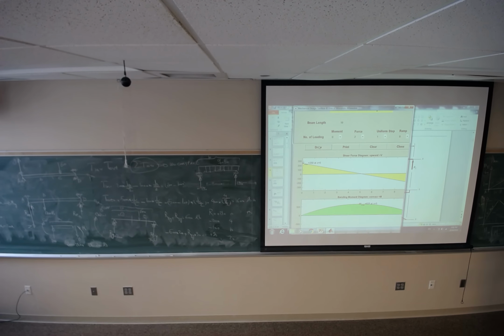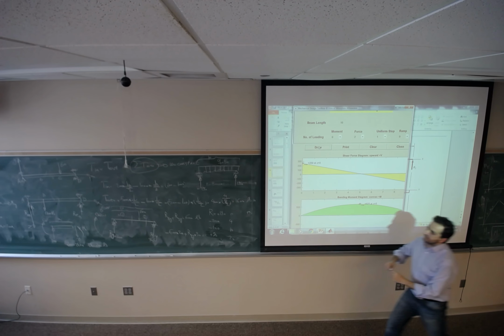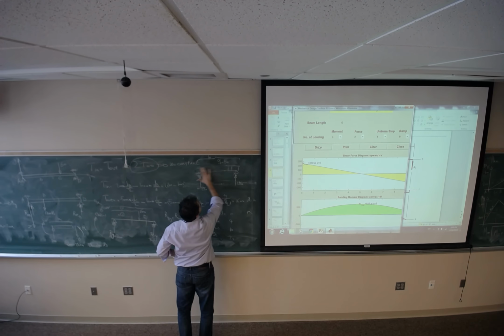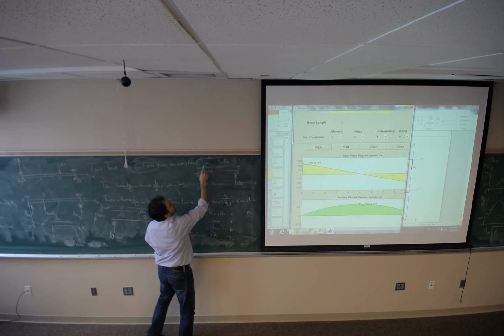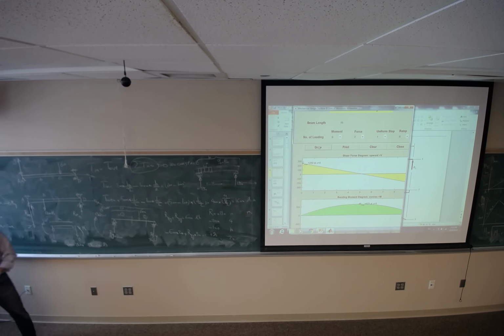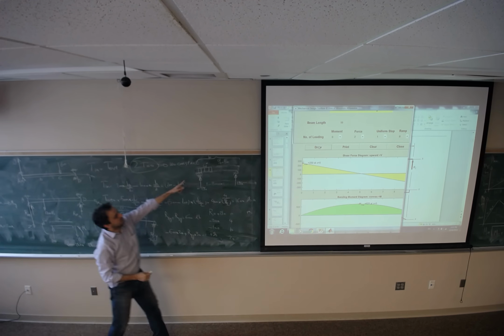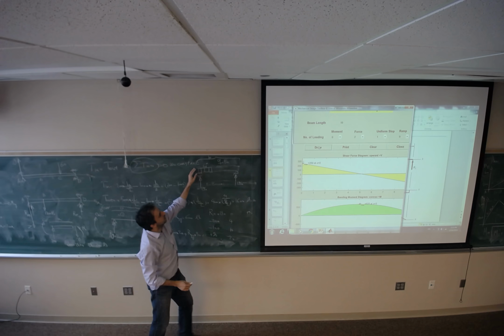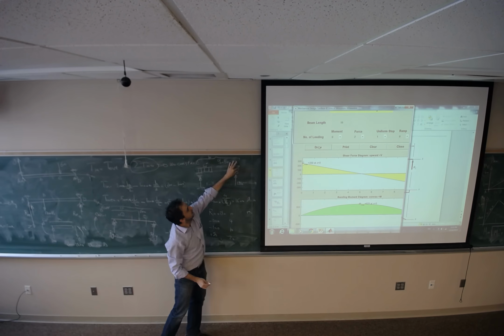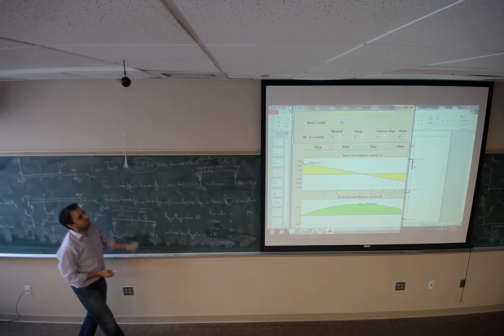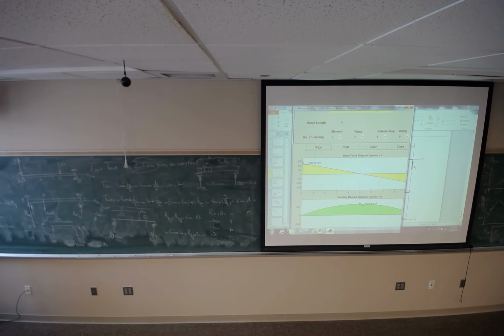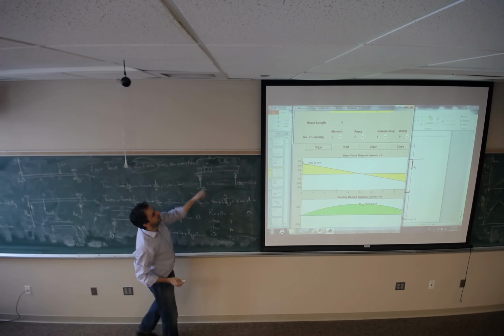Just think about what if I have a distributed load just for 4 inch. How can I enter the numbers for that? Because if you enter location 0, it's considered a distributed load for the entire beam. What if I have it only for 4 inch? What can I do for this type of problem?